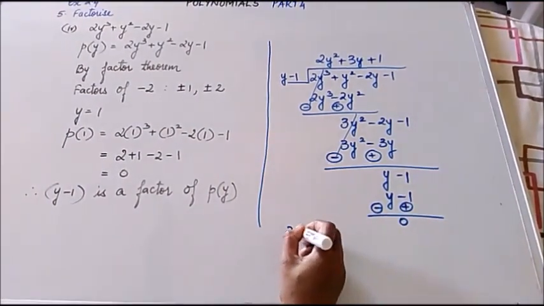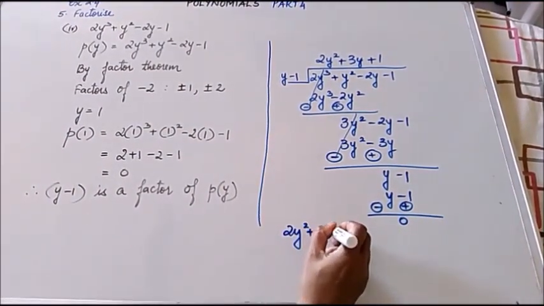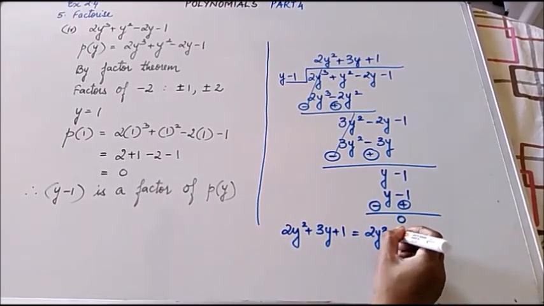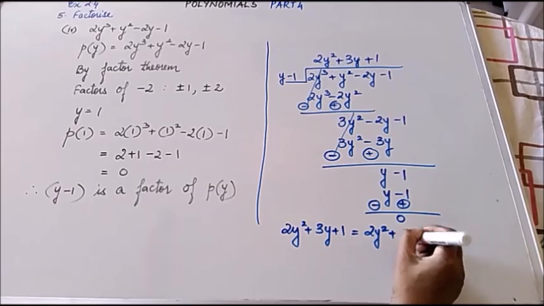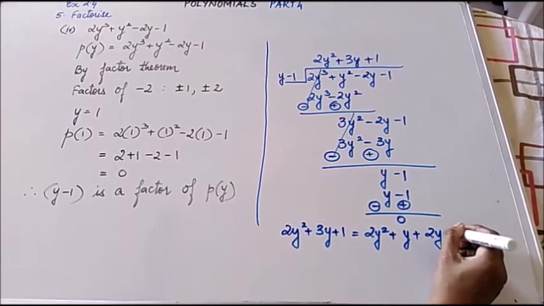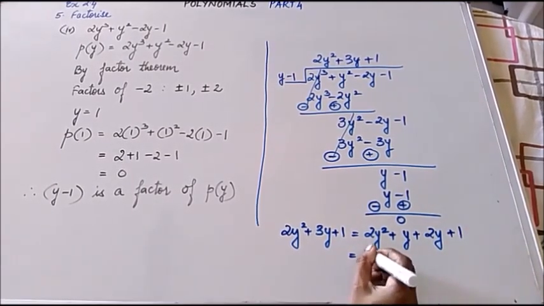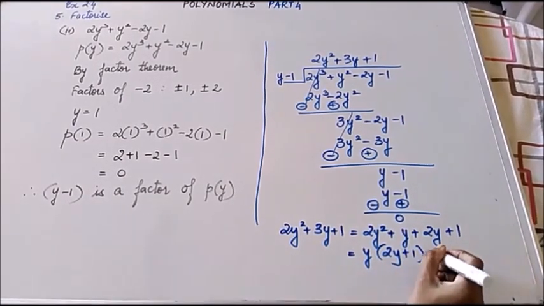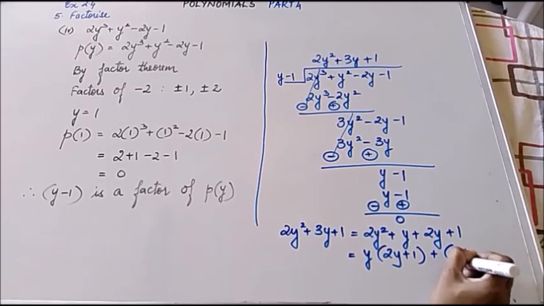Now we will factorize 2y square plus 3y plus 1 by splitting the middle term. Here we will get 2y square plus y plus 2y plus 1. Here y is common. In the bracket we will get 2y plus 1. Here we will group 2y plus 1.